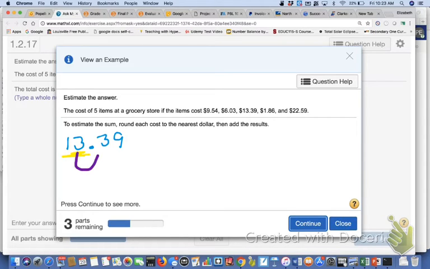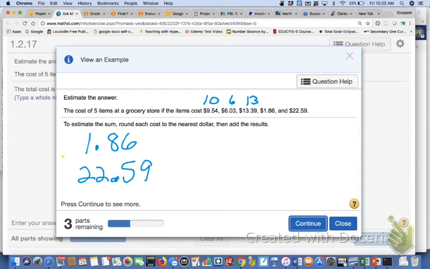Again, we are going to look at the number to the right, which in this case is a 3. 3 is smaller than 5, so we are going to follow the rule and leave this as just a plain old 13. We are not going to round it up to 14. So $13.39 rounded to the nearest whole dollar is $13.